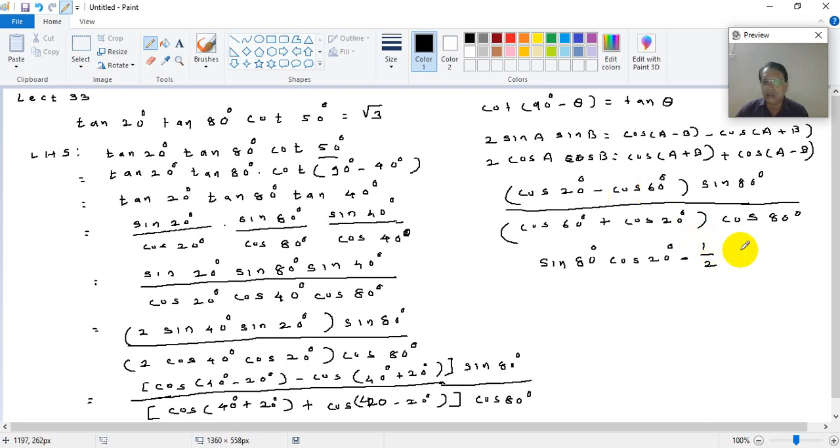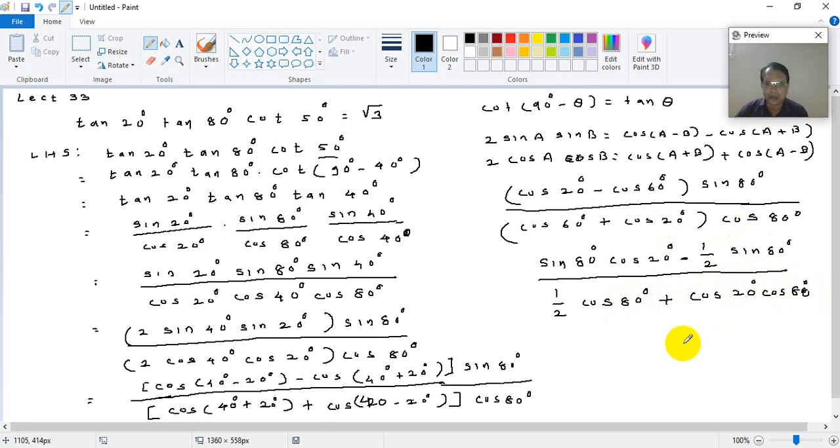So 1/2 into sin of 80 degrees. This will be your numerator, divided by, do the same here, cos 60 into cos 80, but cos 60 is 1/2. So this is 1/2 cos of 80 degrees, and minus becomes plus, plus what, cos 20 into cos 80, cos of 20 degrees into cos of 80 degrees. Very lengthy problem, but it is not difficult.